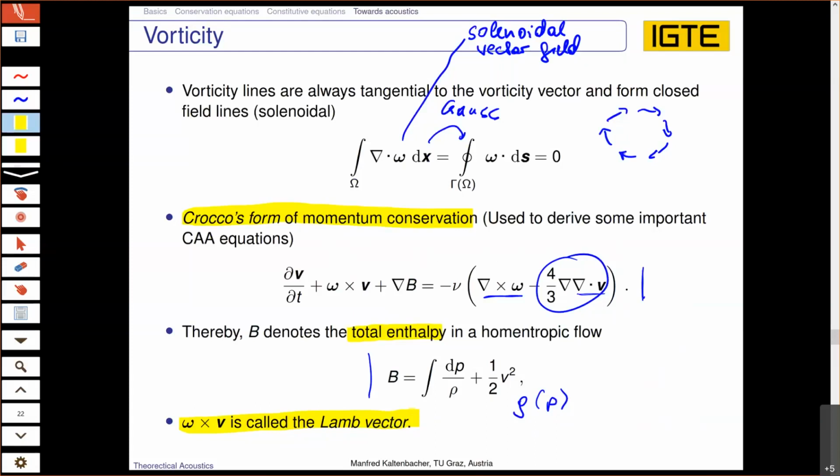And this vorticity is important because it is really the mechanism of how sound is generated, and that is so important that there is one very important theory, which you call the theory of vortex sound.